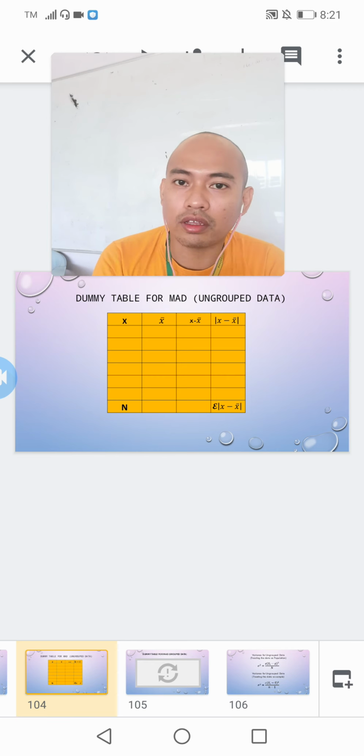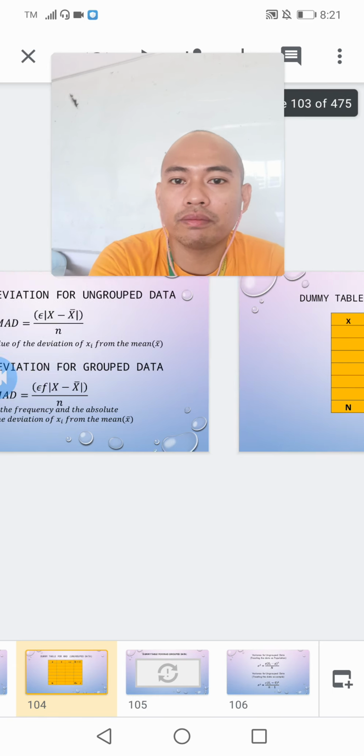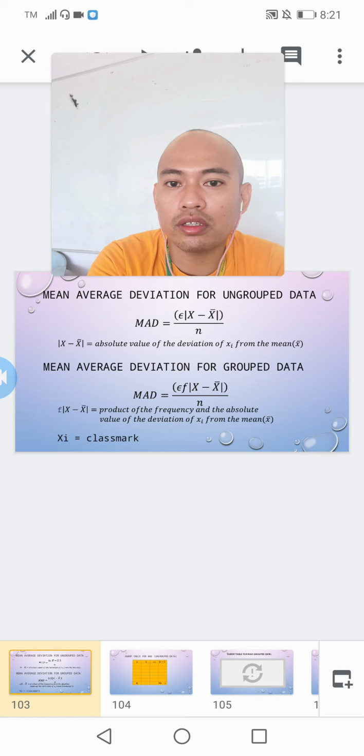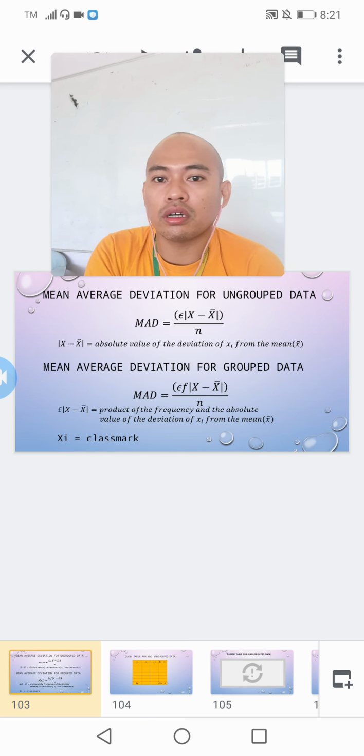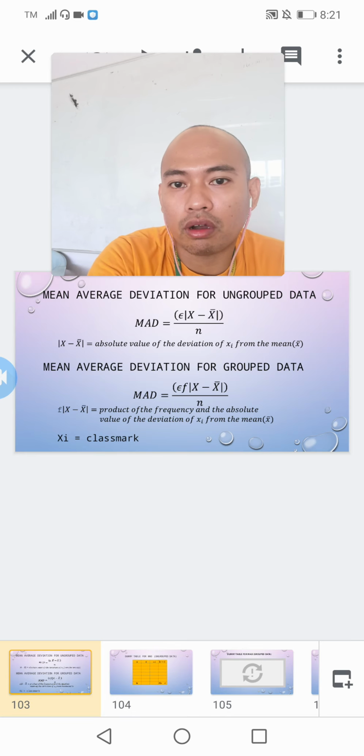We get the absolute value, then multiply it by the frequency. The products of the frequency and the absolute value of the class mark minus the mean will be summed up, and that will be the value of the numerator in the grouped data. And for n, that will be the total number of frequencies.